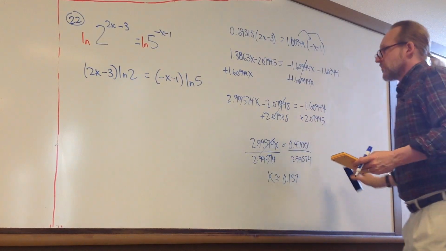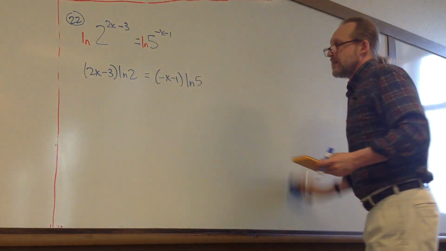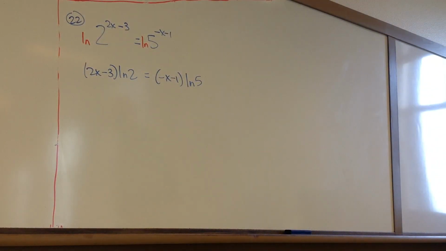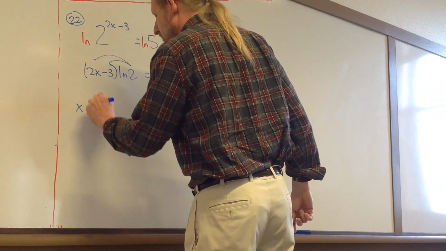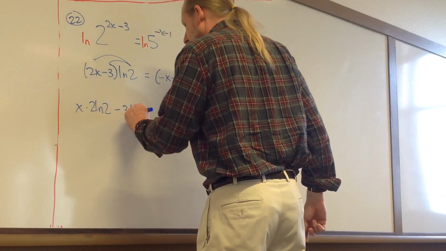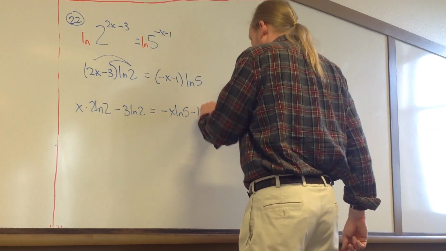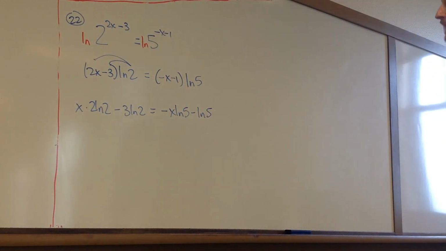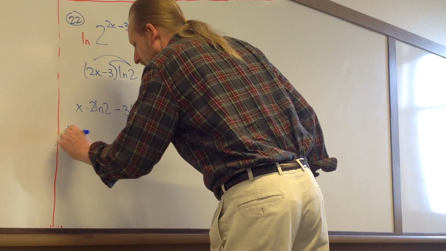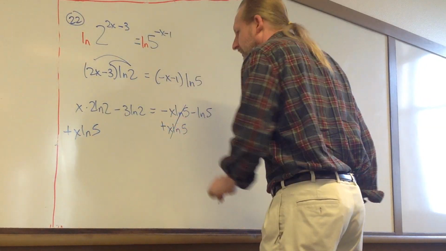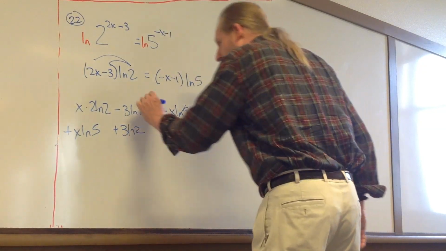Okay. So let's go back and see what happens if we save the approximating for the very end. Alright, so we distribute here and here, so we'll have x times 2ln2 minus 3ln2 equals negative x ln5 minus ln5. Okay, and again, I'm going to do the same thing we did with the approximated values. I'm going to add this x ln5 to both sides, and then I'll add this 3ln2 to both sides.